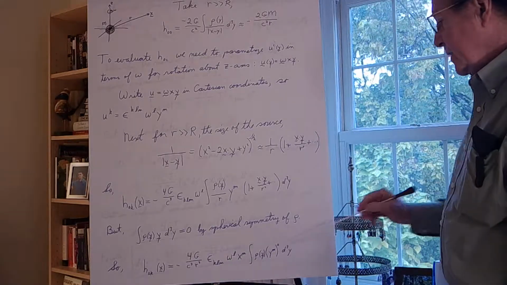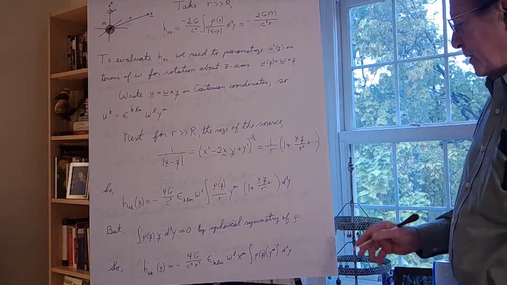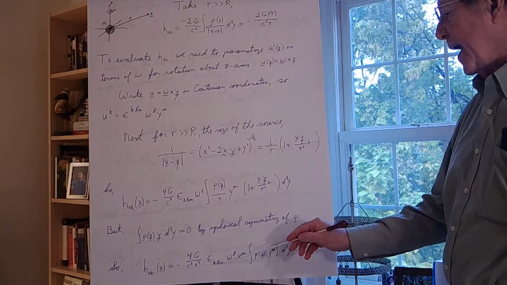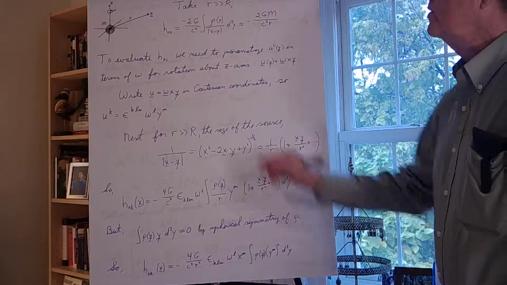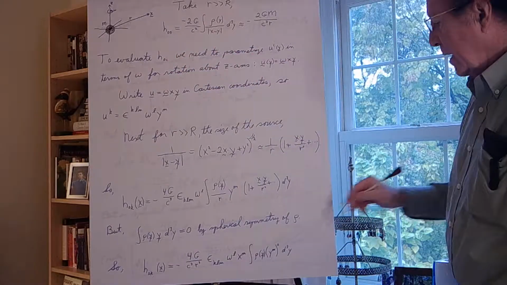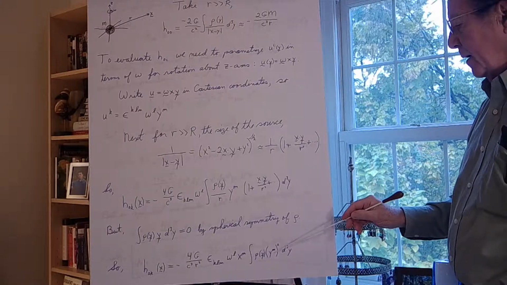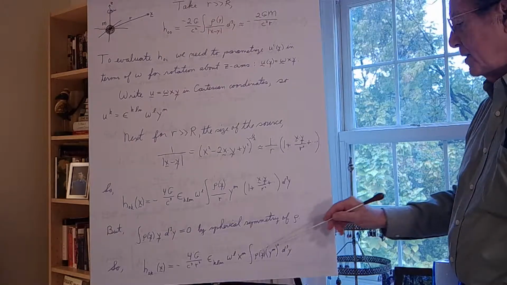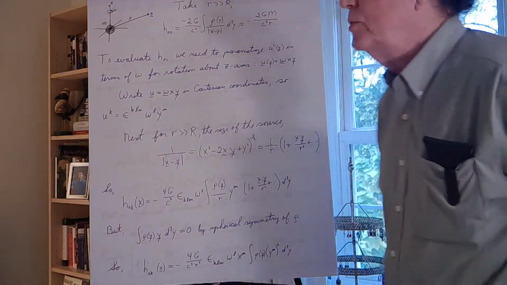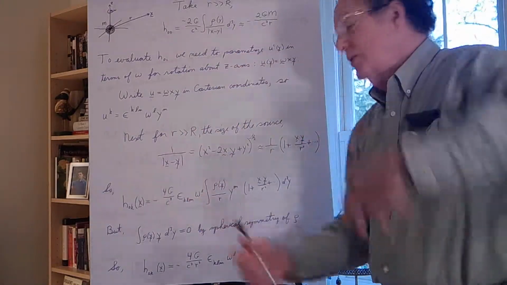So I have these particular integrals to do, but I see there's plenty of symmetry in my problem. First of all, I only get contributions when m is different from 3. So I'll just get contributions in the transverse direction, and it's clear that for m equal 1 or 2 this integral is the same for m equals 1 as for m equals 2, because my system has axial symmetry.